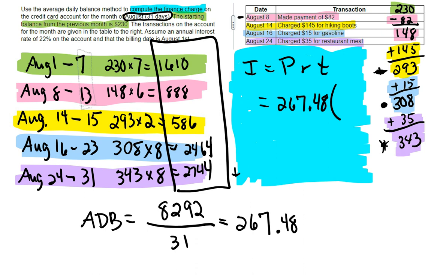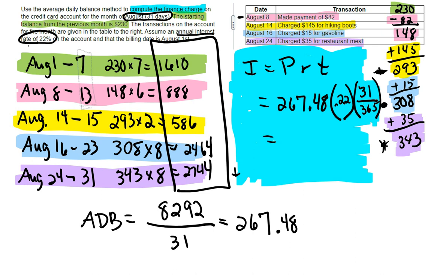And then we have to multiply that times our rate, which up here, annual interest rate is 22%. So that's 0.22. And then time, you have to remember for this particular problem, it's the number of days in whatever month you're dealing with, which is 31, divided by the total number of days in the year, which is 365.